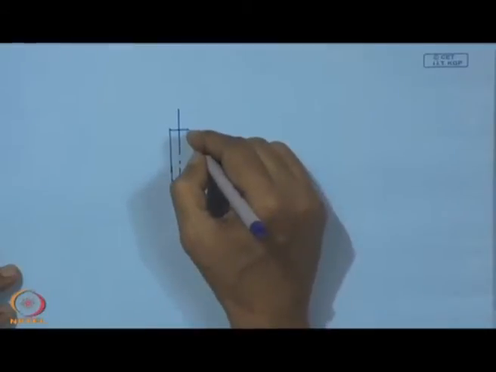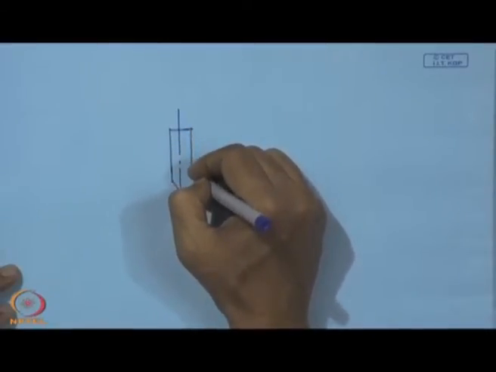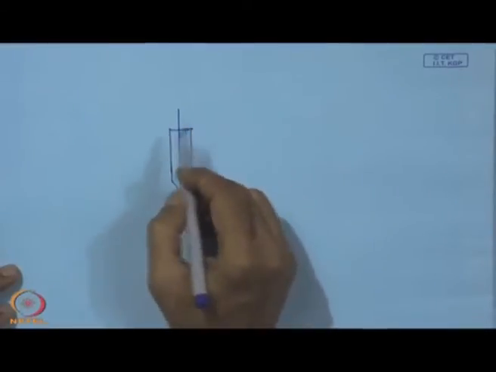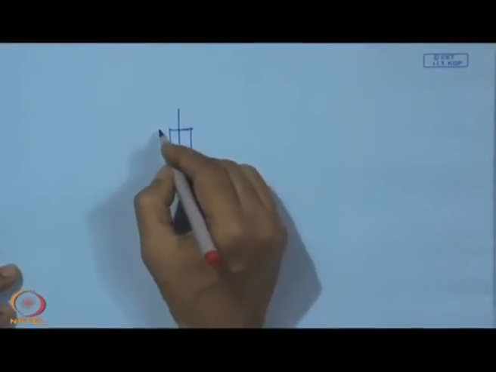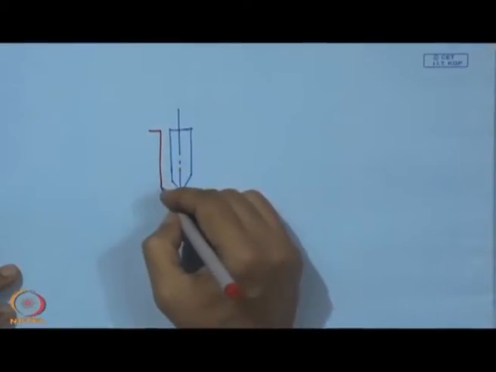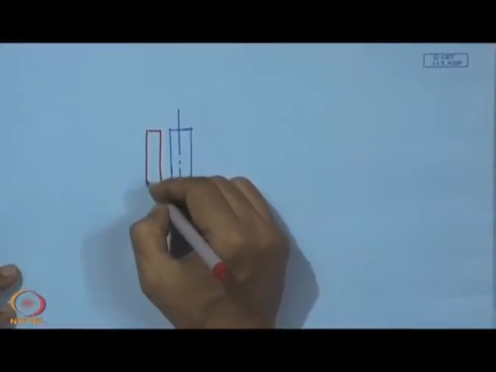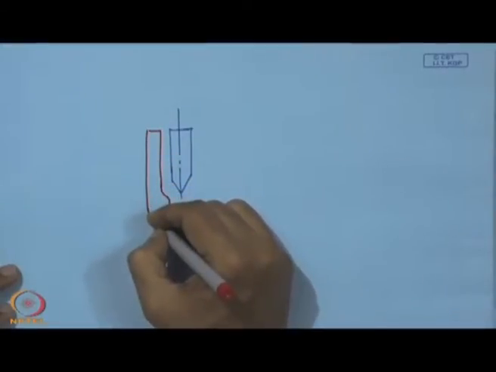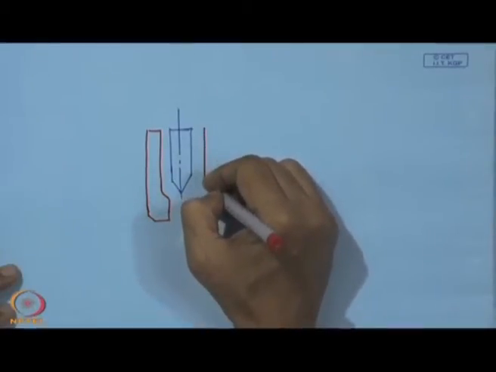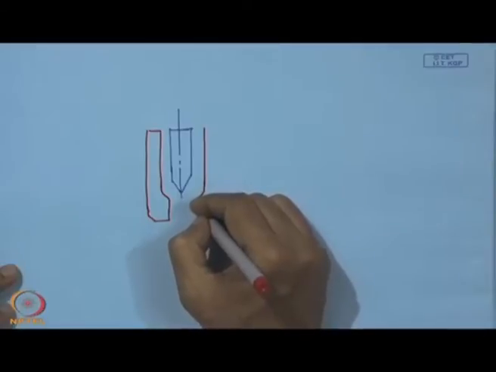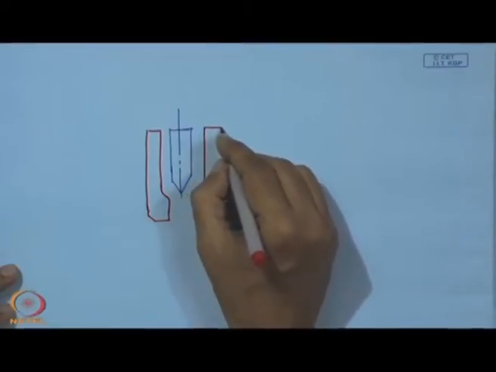This is made of, say, tungsten, and we have one annular anode, and that is usually made of copper.